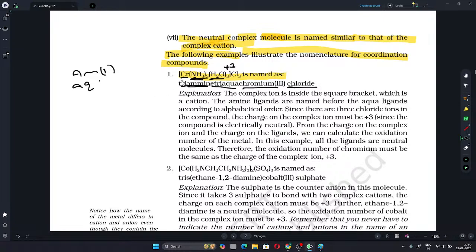Here, since the complex is positively charged, it is a cation, that is why the name starts with the complex itself. But if it is potassium, we write potassium first, where potassium is almost always positive.